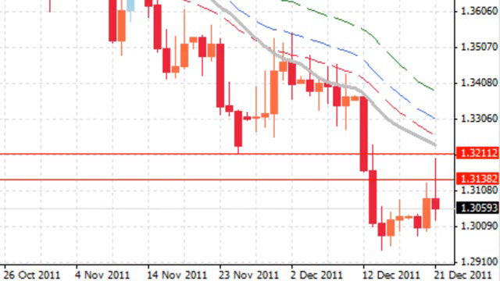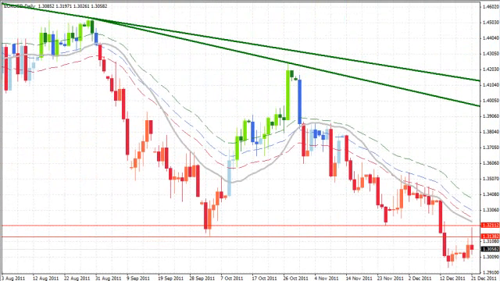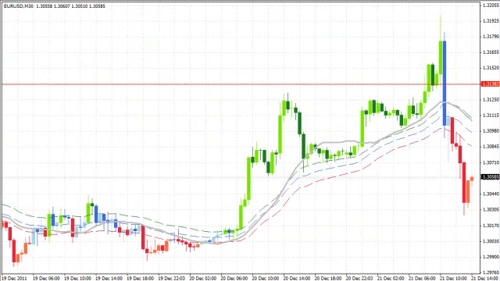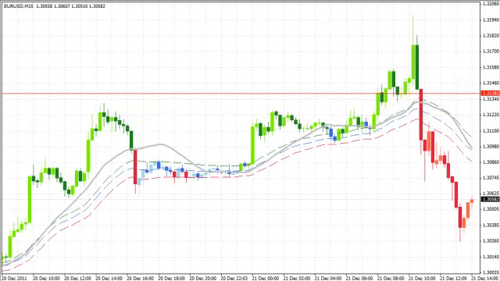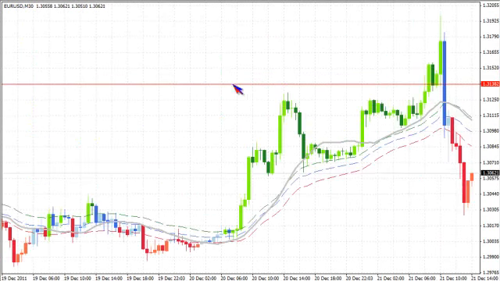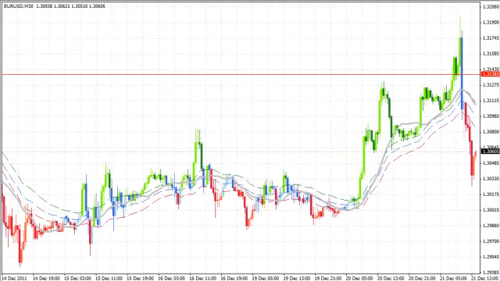If we shift our viewpoint of this pair to short term, and I define short term as the 30-minute chart, as the 15, and as the 5. If you switch your viewpoint, you'll see that there was quite a bit of bullishness for some time during that move.